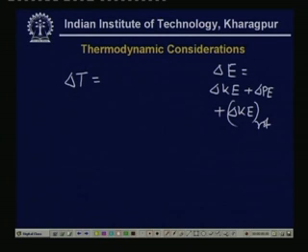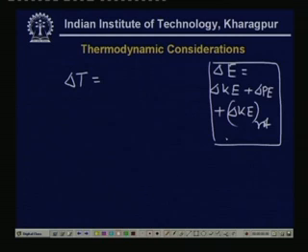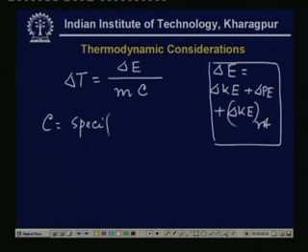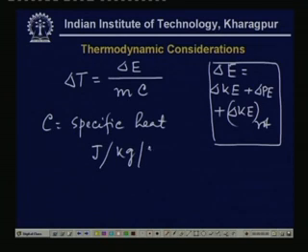So, that we discussed in the last class. So, this is the total energy which is to be dissipated. Therefore, delta T is delta E divided by the mass of this body which gets heated times C. C is the specific heat, with unit joule per kg per degree centigrade.